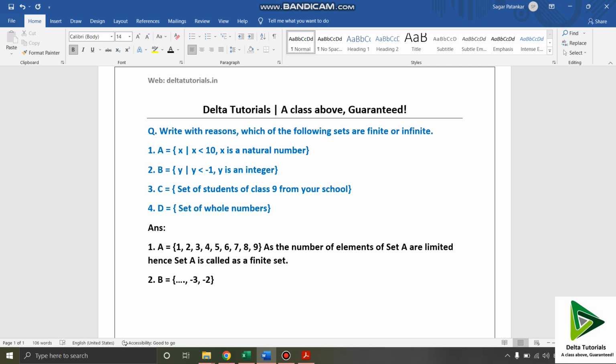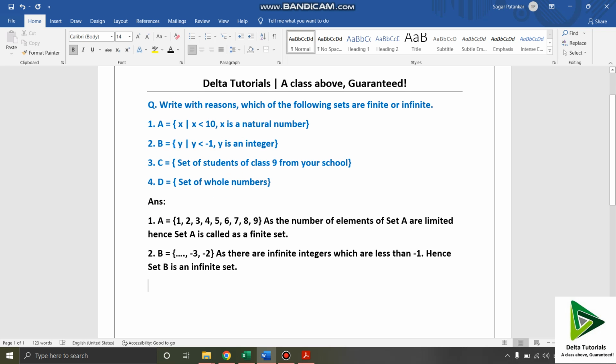So in this particular case, an infinite number of elements are present.